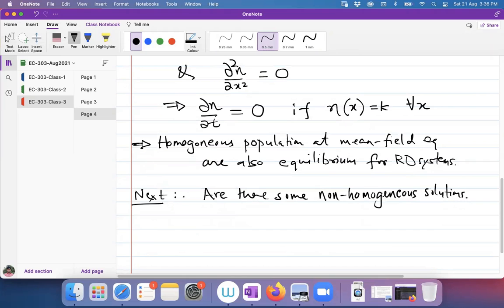Okay, that's the first question. What else? Very interesting question. What do we usually do after finding equilibrium? Stability. So I have told you that the homogeneous solutions are also equilibria when we set them at the mean field values. But are they stable? Have we checked if they're stable?